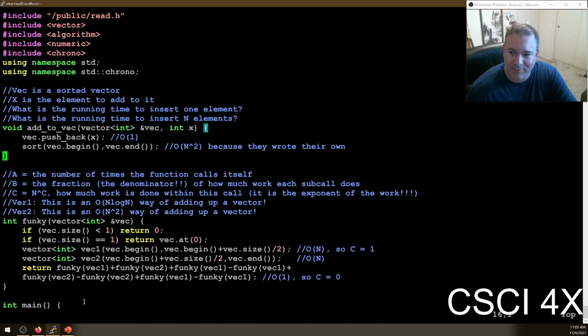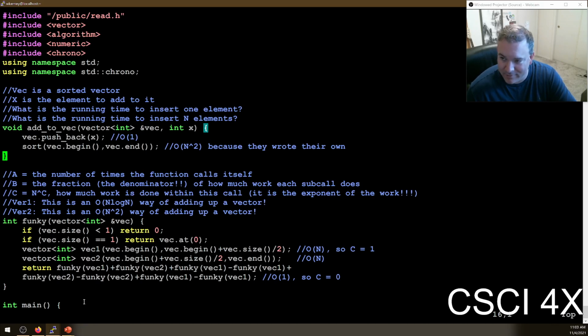So what is the running time to add one element to this vector? They weren't using sort. I could probably pull up my source code for what they actually did, but this makes for an amusing anecdote. So what is the running time of add to vec?